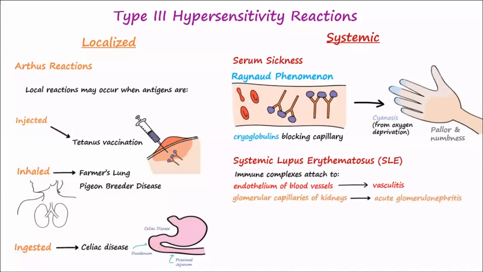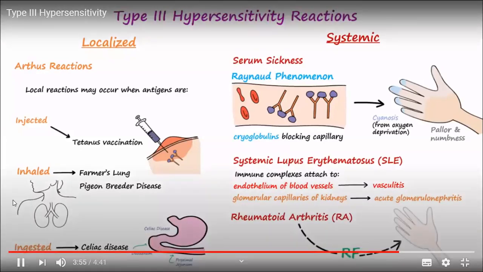In another autoimmune disease, rheumatoid arthritis, immune complexes known as rheumatoid factor, or RF, composed of IgM, IgG, and complement, are deposited in joints and elicit an immune response that causes joint damage and destruction.